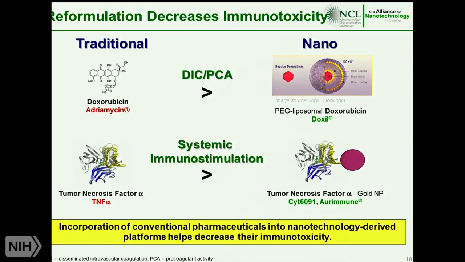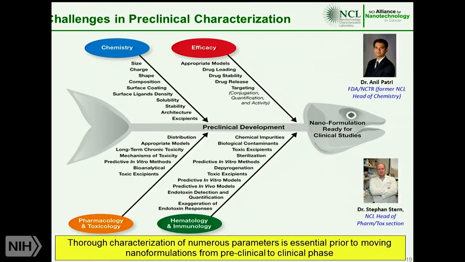During this circulation time, PEG shields TNF from immune cell recognition. That decreases systemic immunostimulation and allows administration of higher concentrations of TNF to achieve therapeutic efficacy. This concept is currently in clinical trials.